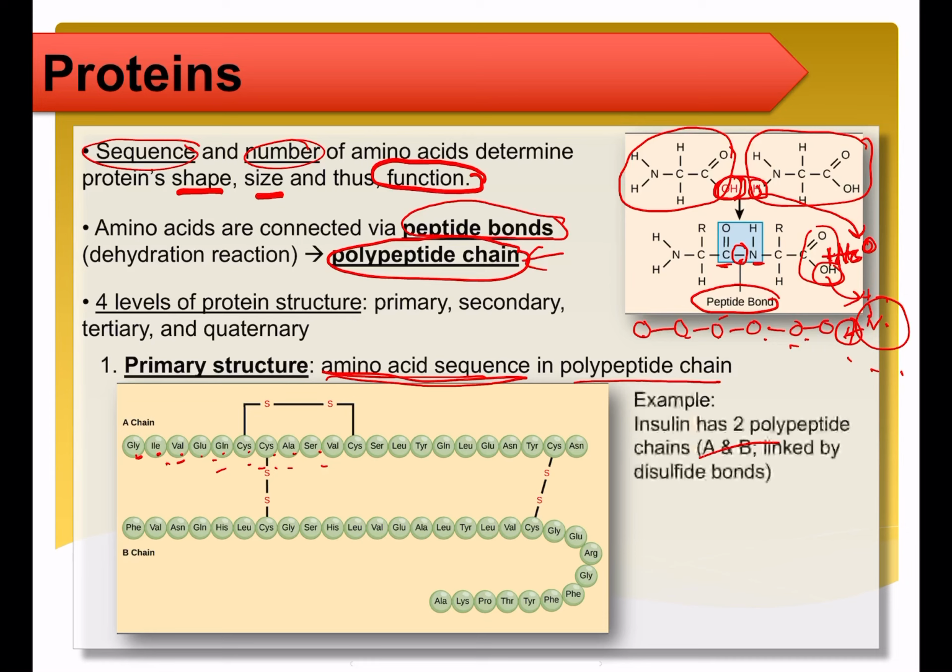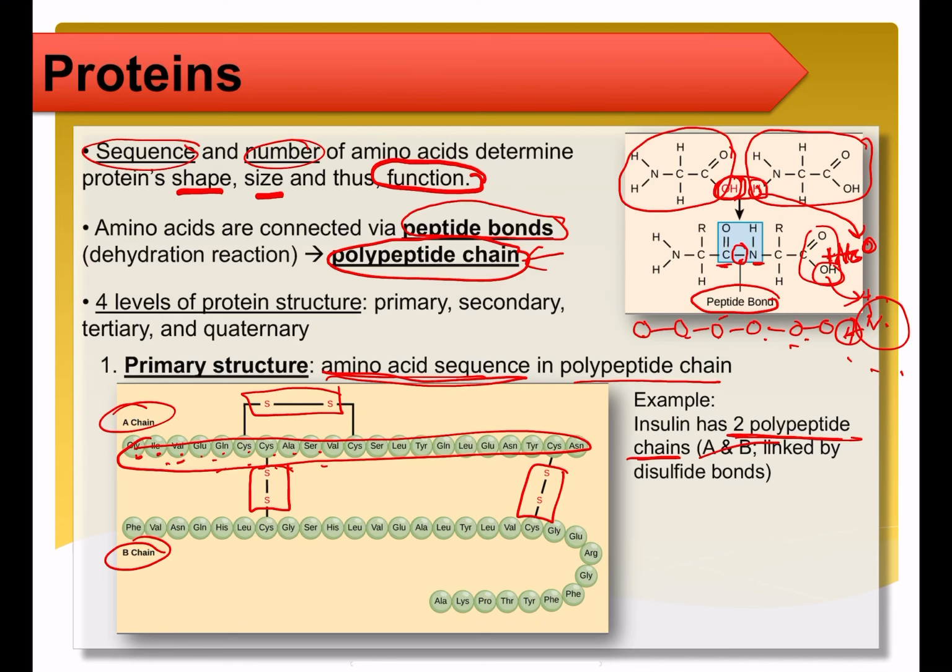So, for example, insulin is a protein that has 2 polypeptide chains, chain A and chain B. They're linked by a disulfide bond right here and right here and right here as well. That will give it its further 3-dimensional shape. But if we lay them all out, this is what we call the primary structure, the linear sequence of the protein itself.